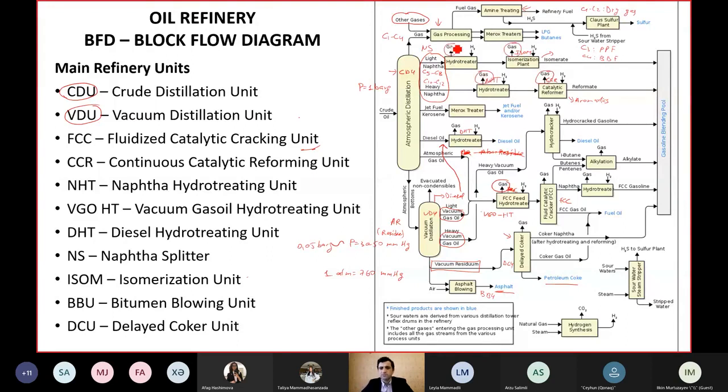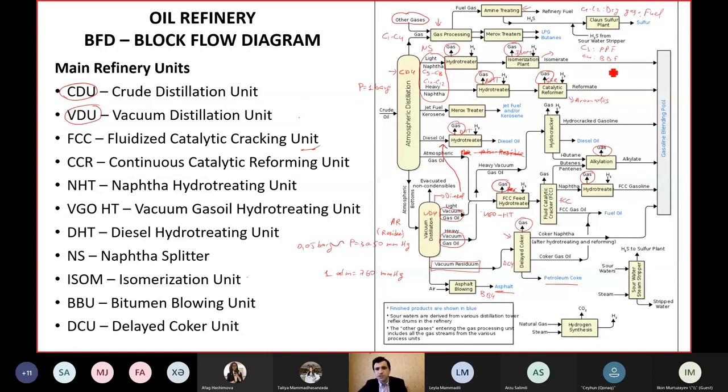All the gases in the refinery are collected in one gas processing unit. There we split it to dry gas, PPF and BBF, and we treat them, we clean them. Dry gas is used as fuel in the refinery, and PPF and BBF are sent to sales.